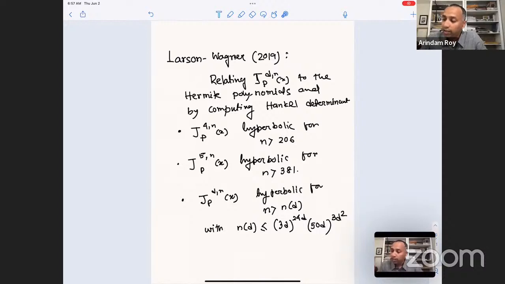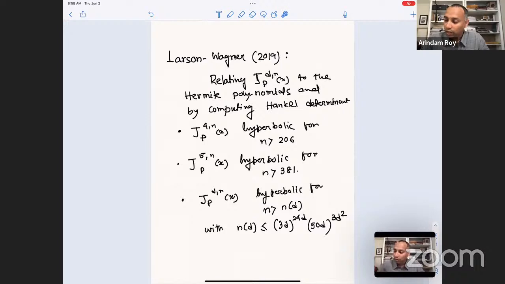They connected the Jensen polynomial for the partition function to the Hermite polynomial. What is the Hermite polynomial? You can think of it as just a coefficient of some exponential. I'm not going into details. They connected with these Hermite polynomials and then looked at the roots of them, which is easier to study than the Jensen polynomial.